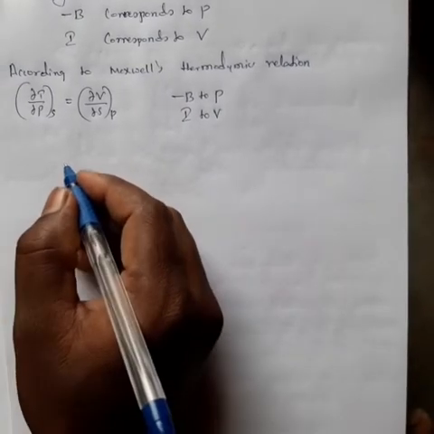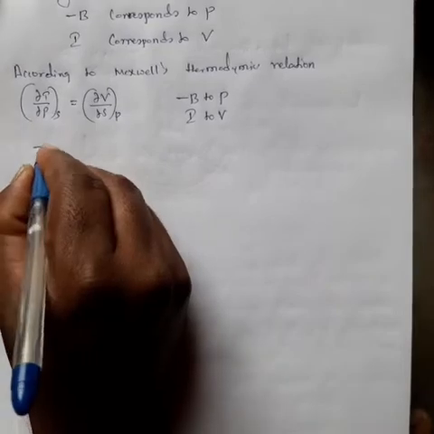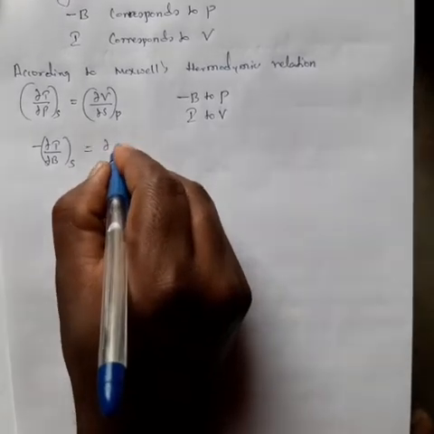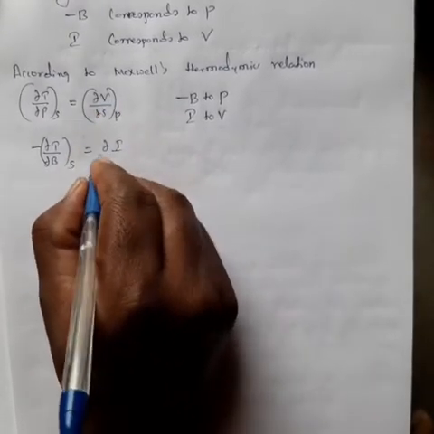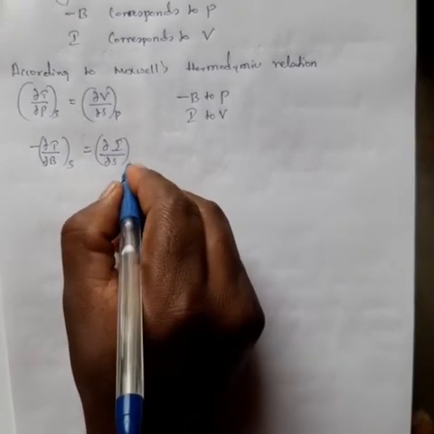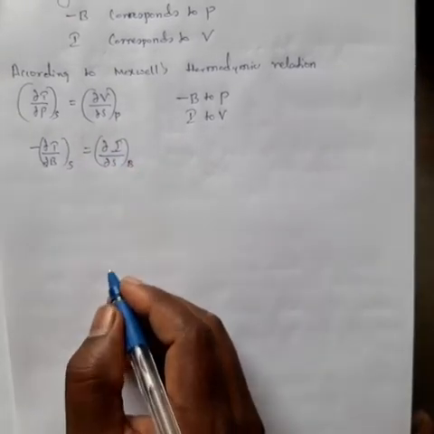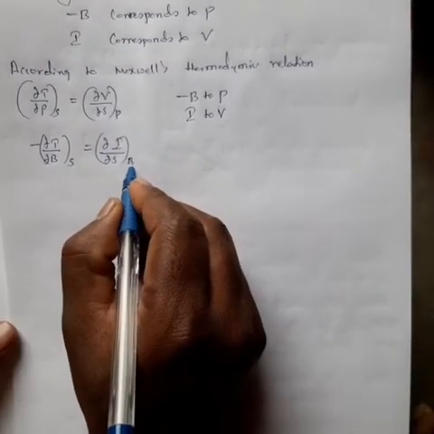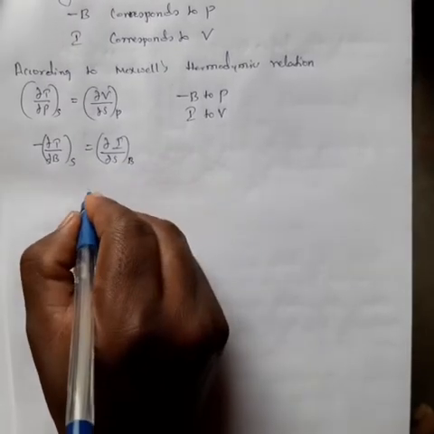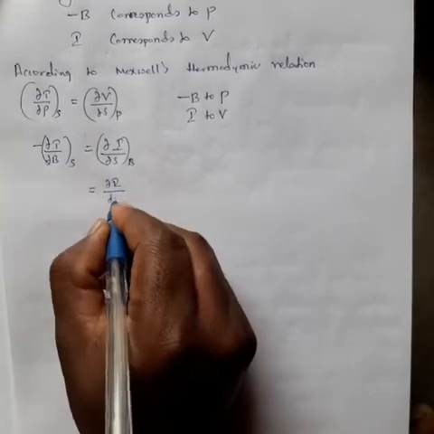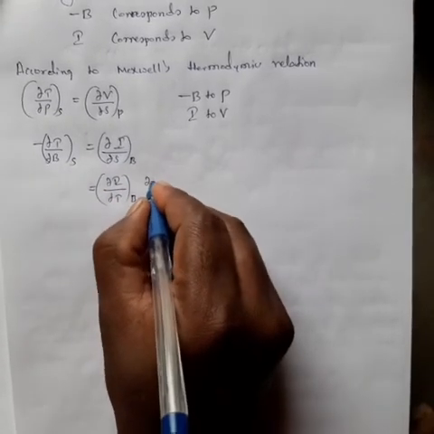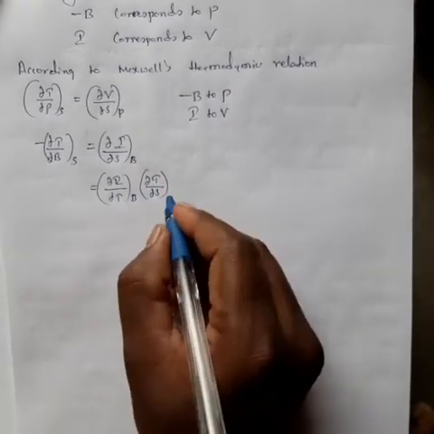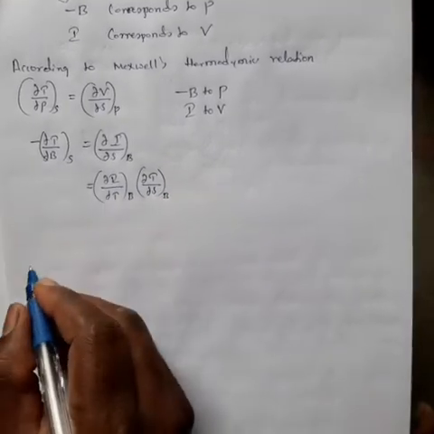Therefore we are going to get minus (∂T/∂B) at constant S is equal to, in the place of V we substitute I, (∂I/∂S) at constant B. Here the magnetic field is there, therefore we took B. Now this can be replaced by (∂I/∂T) at constant B into (∂T/∂S), multiplying and dividing by ∂T, so the two get cancelled.